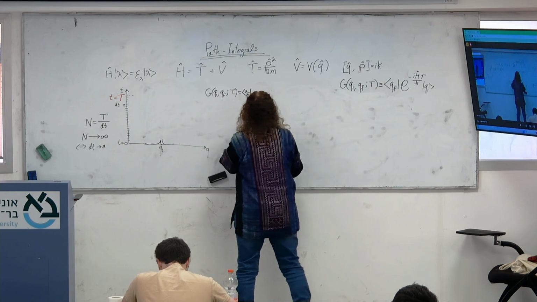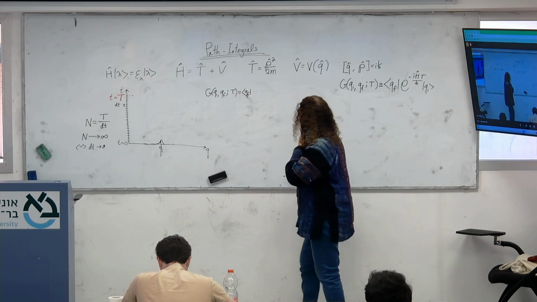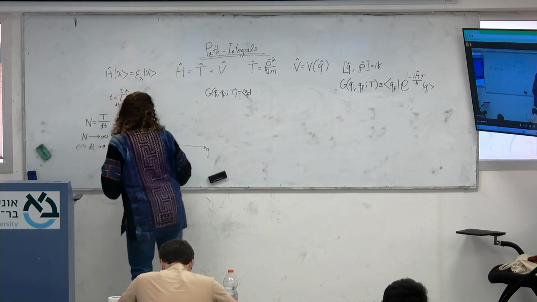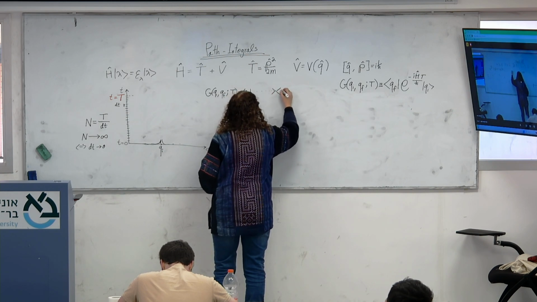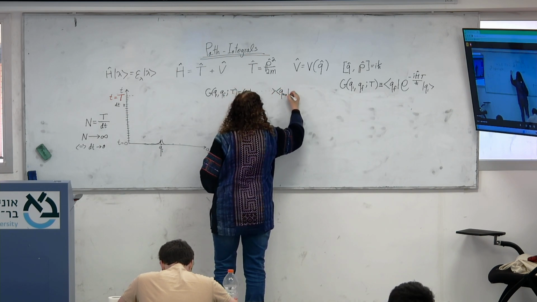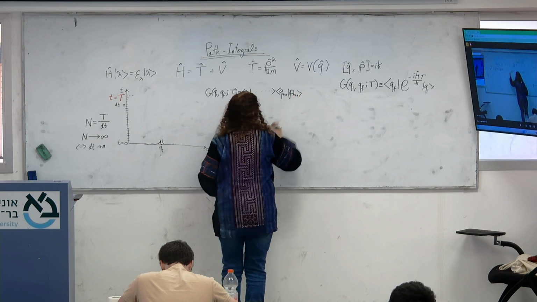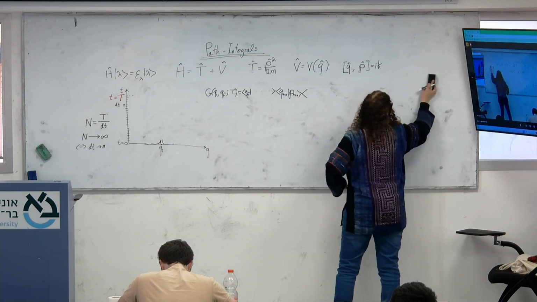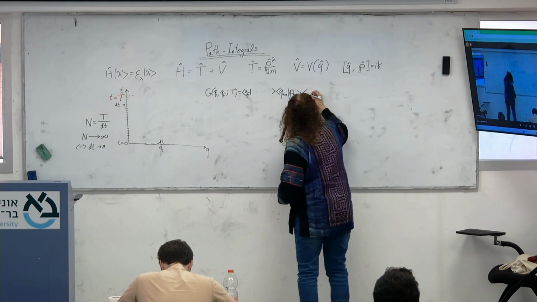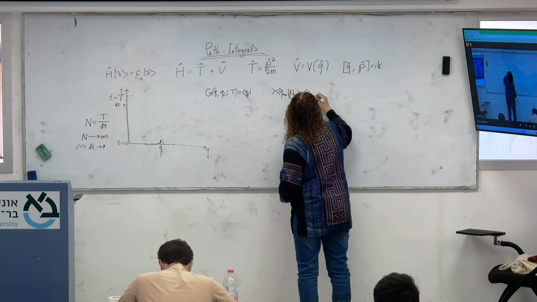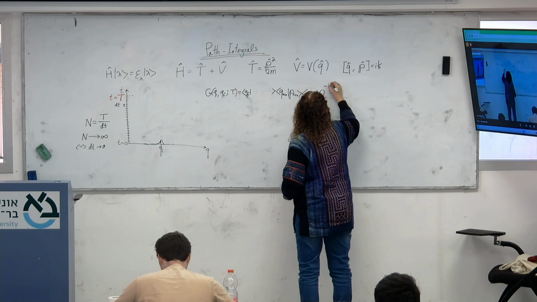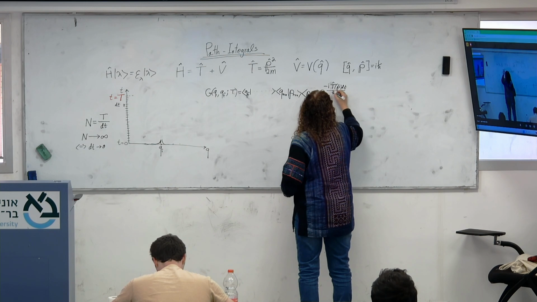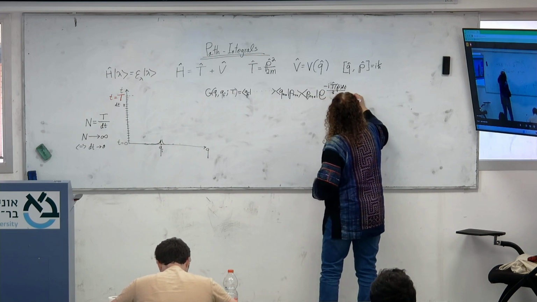Now let me write the nth step. It is going to be Qn plus 1, Pn plus 1, times the matrix element Pn plus 1, e to the minus i T dt over h bar, Pn.